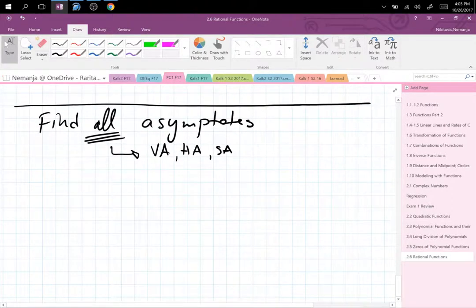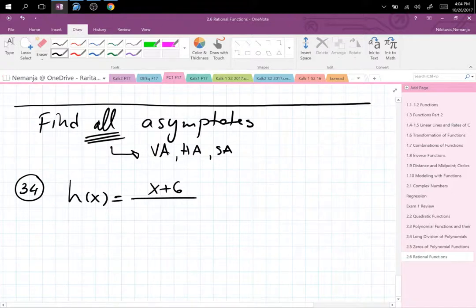The first example you guys can work on is, let's say, example 34. Looks good enough. h of x is x plus 6 divided by x squared plus 2x minus 24.